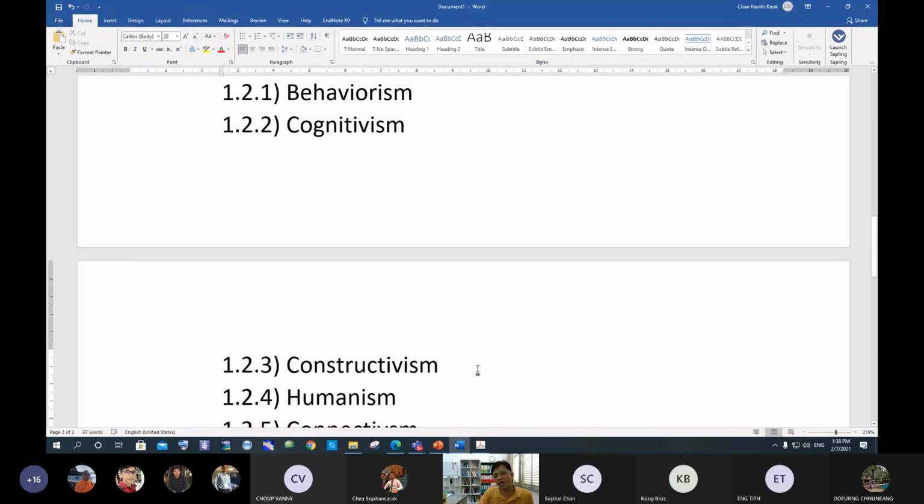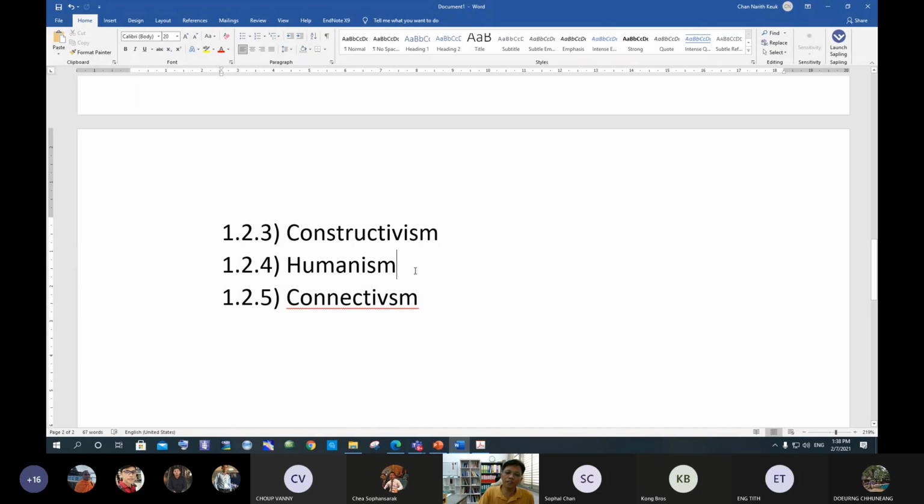And constructivism, learning through experience. Only when learners experience their own learning do they learn something. Humanism is about goals, motivations, purposes, needs. Because learners are human, when they come to school, they have their own purposes, their own needs, their own goals and interests.